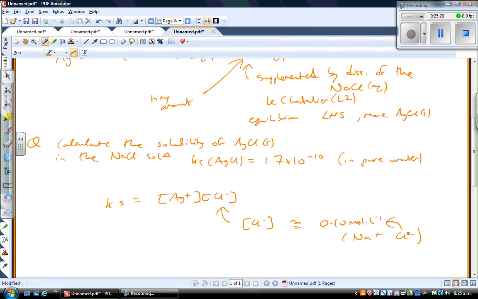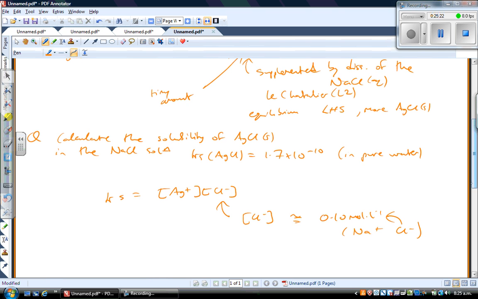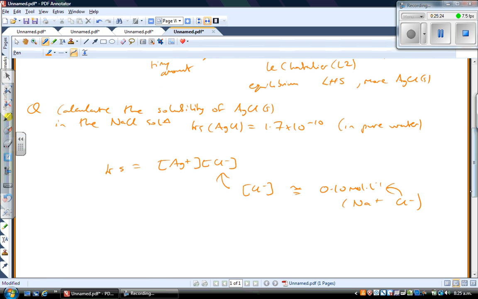And it's a bit of an assumption, but there's no other way to figure out an answer for this. So if we assume that the concentration of chloride ions is predominantly equal to 0.1 mole per liter, it's going to be a little bit greater with the addition of the AgCl. But if we do that, then the Ks can simply be arranged. So the Ks value over the concentration of Cl minus will give us the concentration of Ag plus ions.